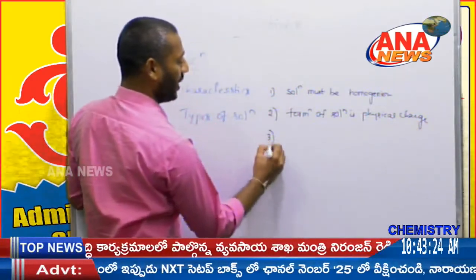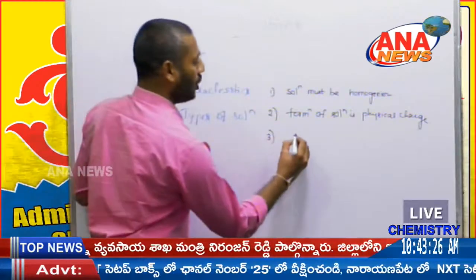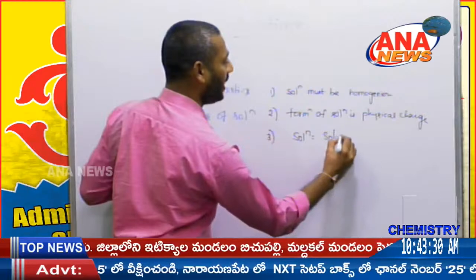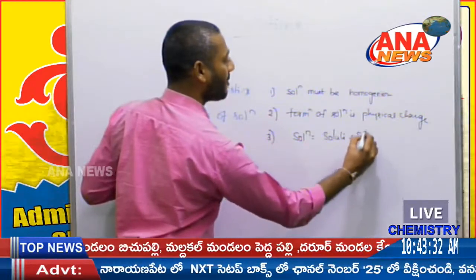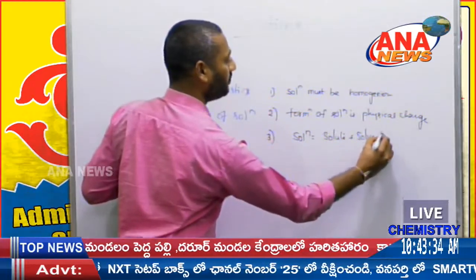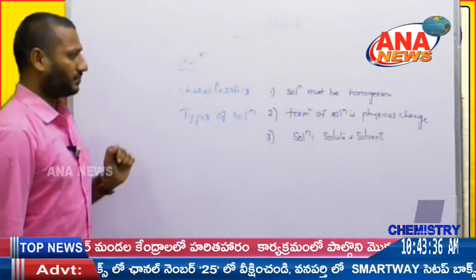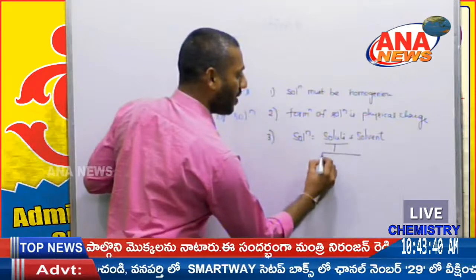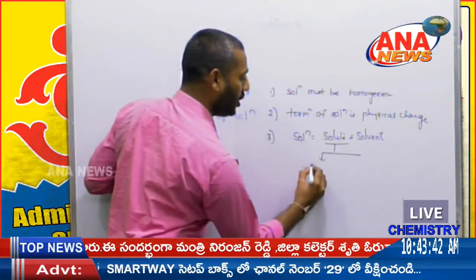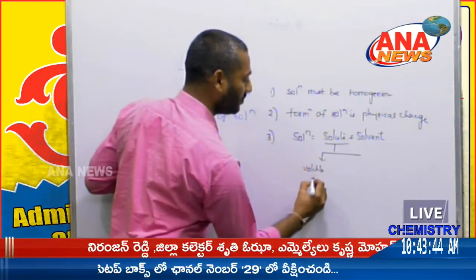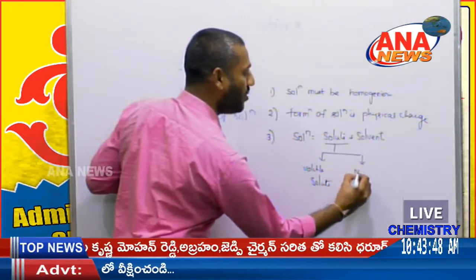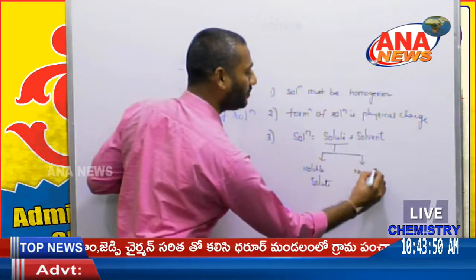Next, third point. In this third point, a solution has both solute and solvent. The solute can be of two kinds: one is volatile solute and another one is non-volatile solute.